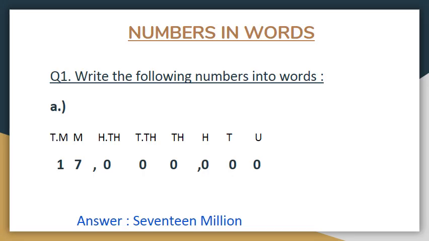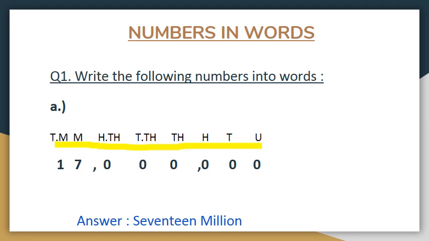Alright students, here are some examples. In the first example, you will write numbers in words. To do this, firstly you have to write the place value at the top of the given number.